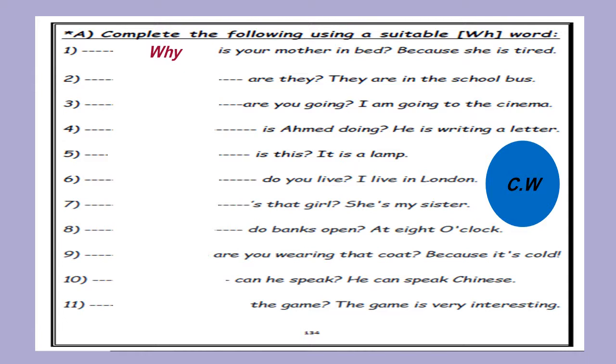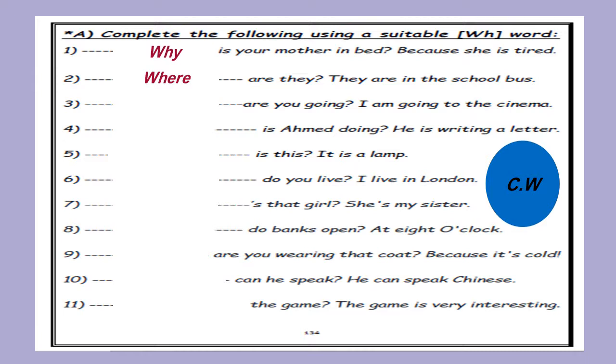Number 2. Space, are they? Here is a question mark. They are in the school bus. School bus. This is place, so I will put where. Where are they? They are in the school bus.